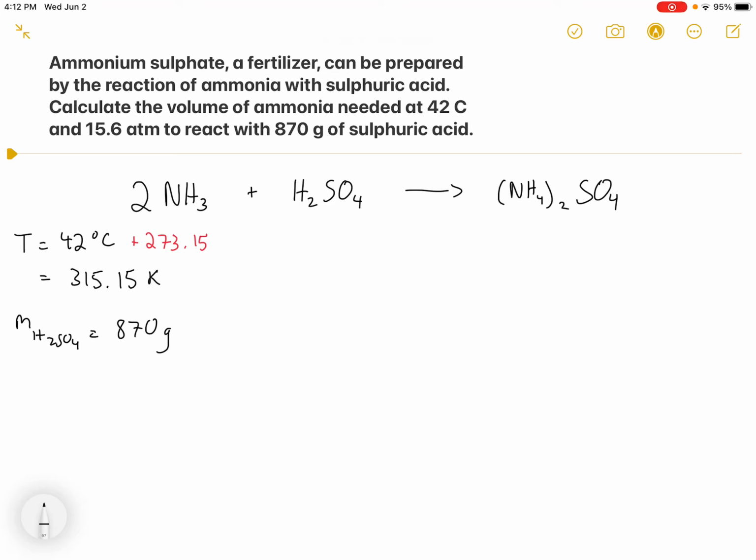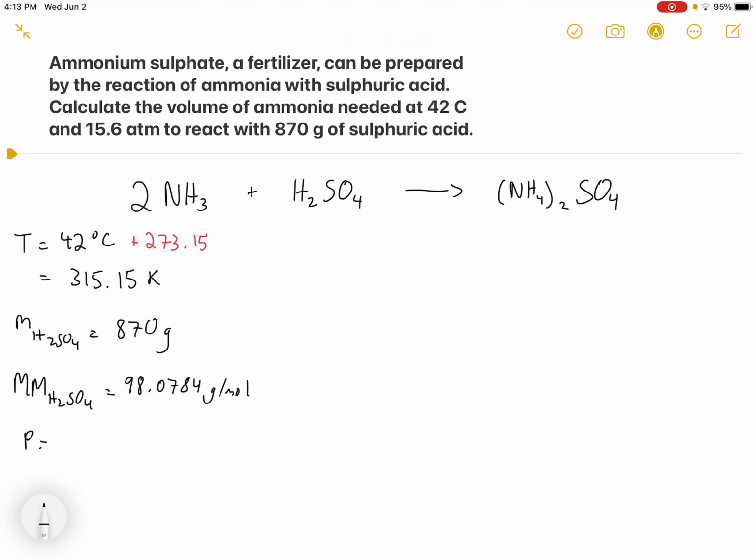So we'll need to know the molar mass of that compound as well. The molar mass of sulfuric acid, which we generally know and can quickly calculate, is 98.0784 grams per mole.